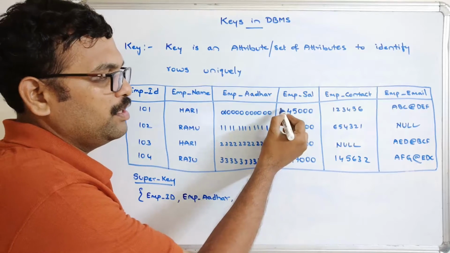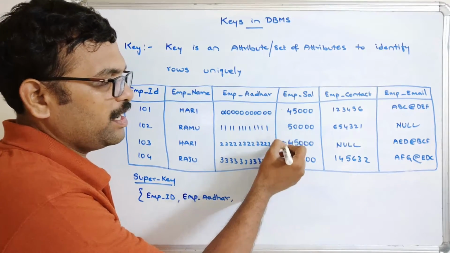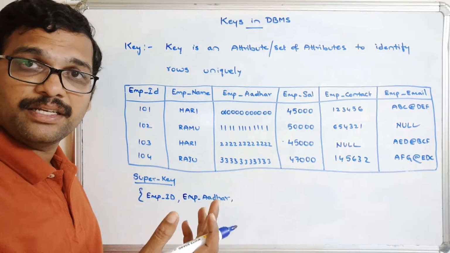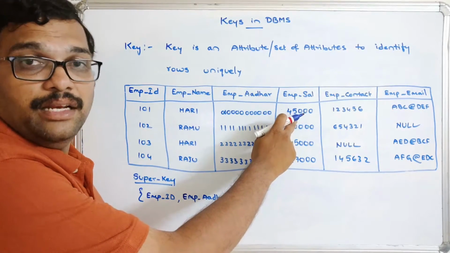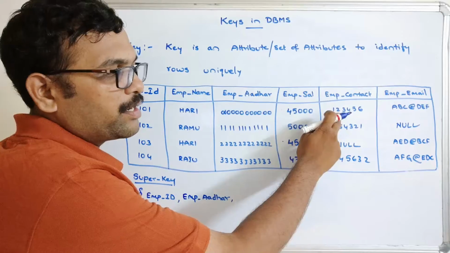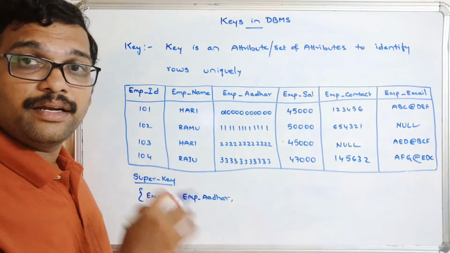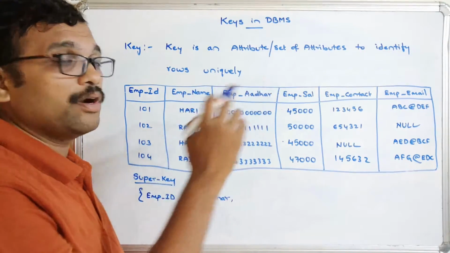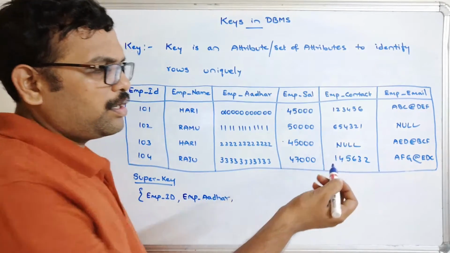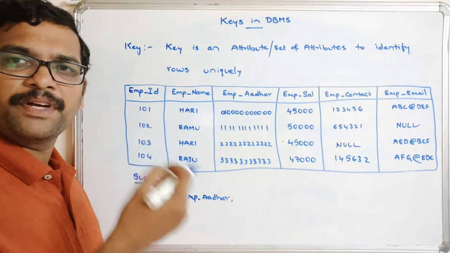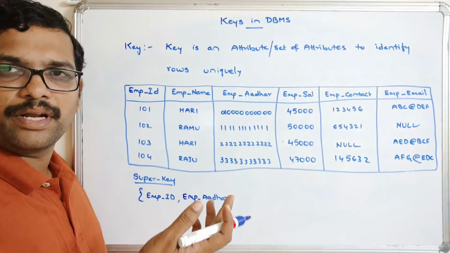Similarly, employee salary. Two persons can have the same salary. Multiple persons can share the same salary. So we can't consider this one singly. And employee contact. We can get the details of an employee based upon the contact, because it is also given uniquely. But it's not mandatory that every person has a contact number.